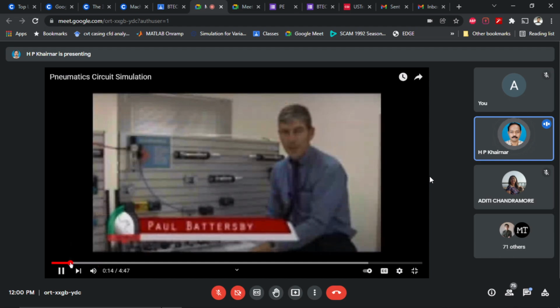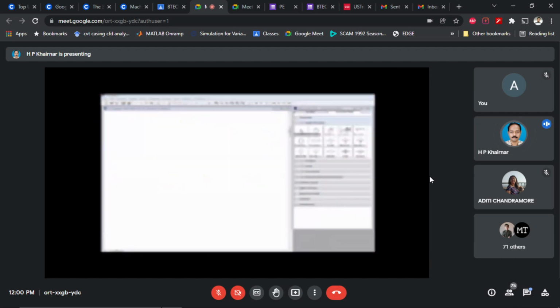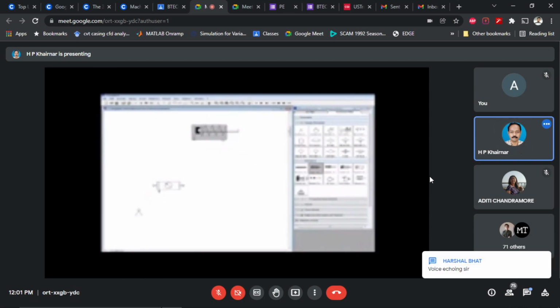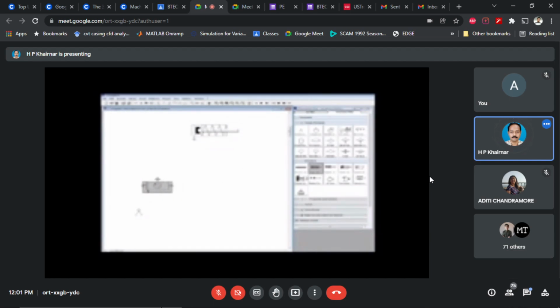Those practicals use the Festo FluidSIM software to create a simulation of our pneumatic circuit. Placing our compressor symbol from our library of components. Now we're putting in our filter and gauge, or our air service unit. And then we're putting in our cylinder, which is a single acting spring return. We can move our components around to set the layout of the circuit.